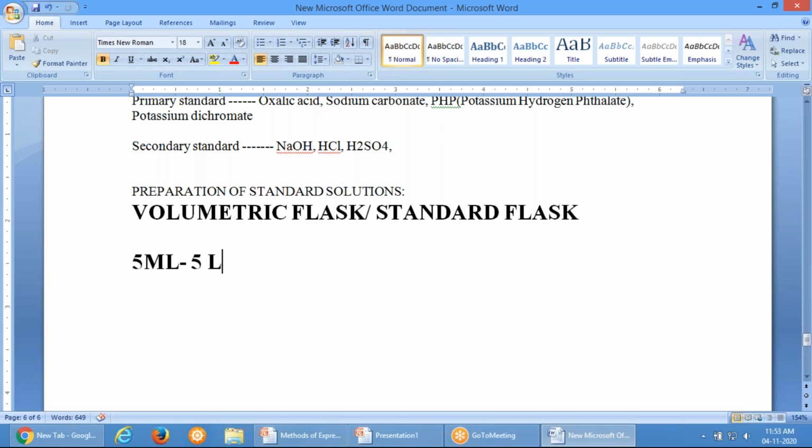So in volumetric analysis, solutions need to be accurately prepared to minimize the errors in results. So we have to prepare the solutions very accurately.